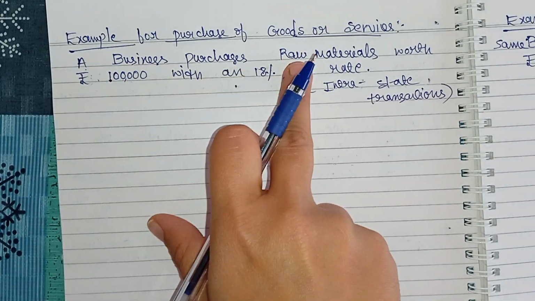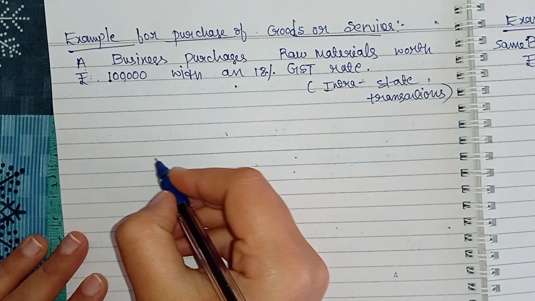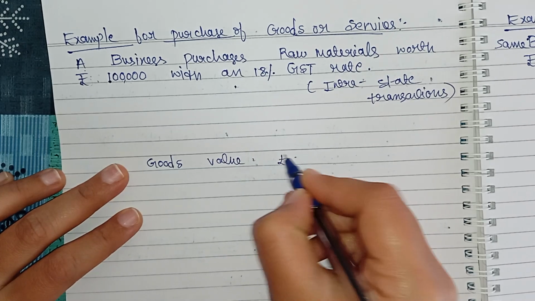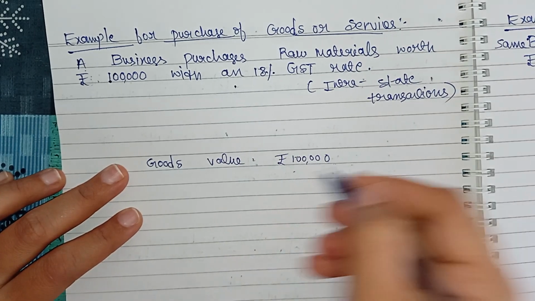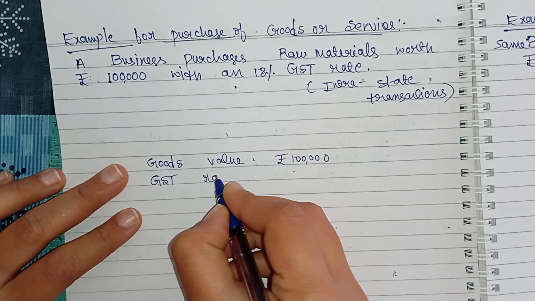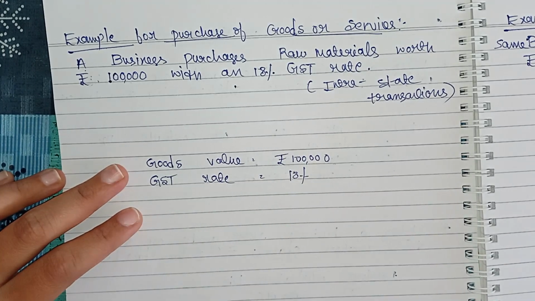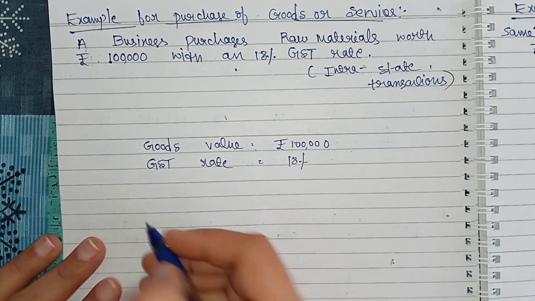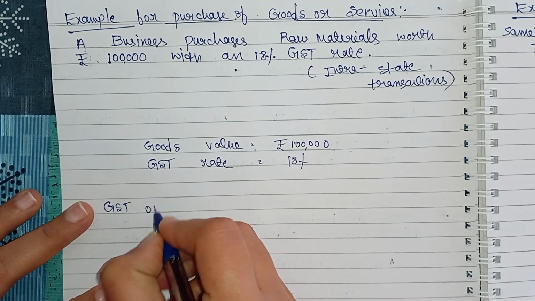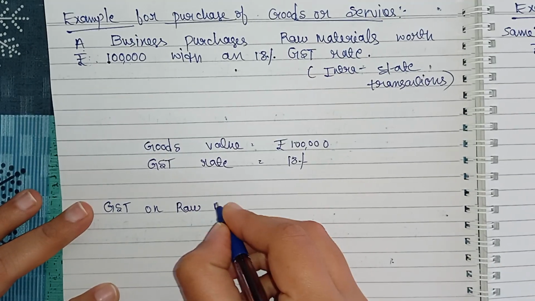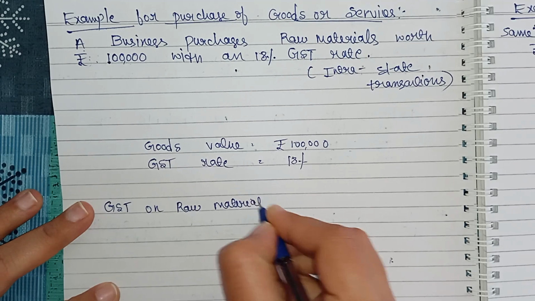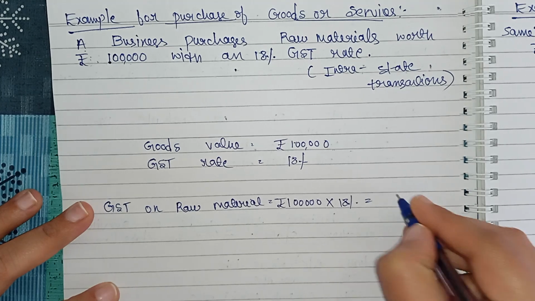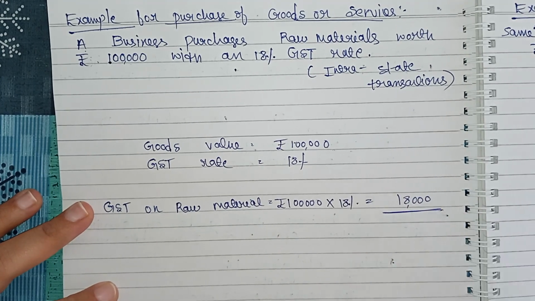A business purchases raw materials worth rupees 1 lakh. So goods value is rupees 1 lakh and GST rate is 18%. So GST on raw material is one lakh into 18%, that is 18,000 rupees.